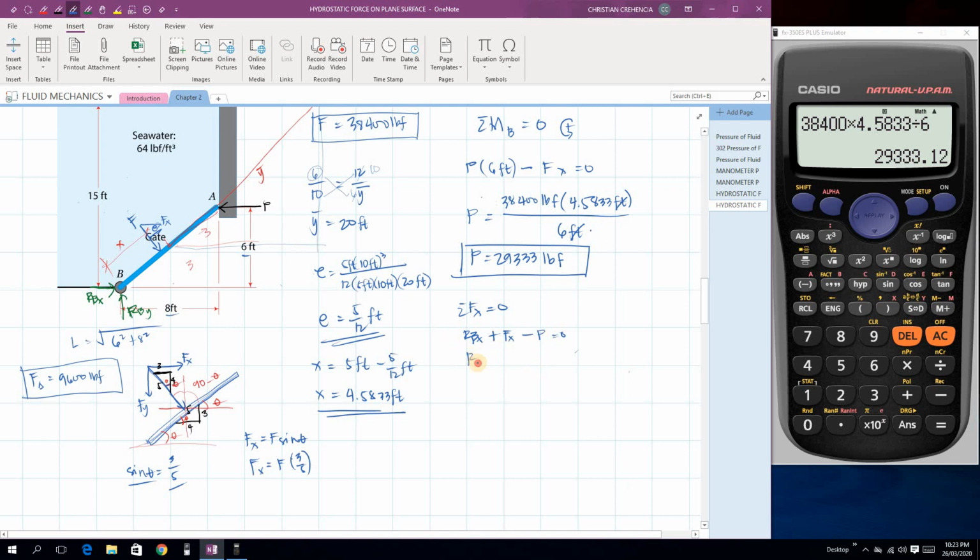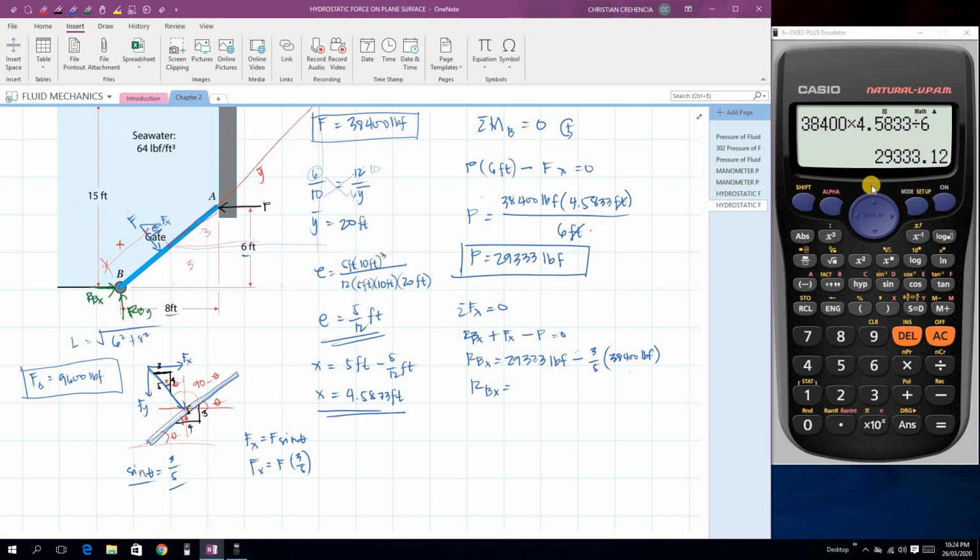So, solving for RBX, so transpose natin yung P, magiging positive. So, 29,333 pound force. Pag transpose natin yan, magne-negative. Minus, so yung Fx natin is F times 3 over 5. Or 3 over 5 ng yung F natin, so yun natin sa taas, 38,400 pound force.